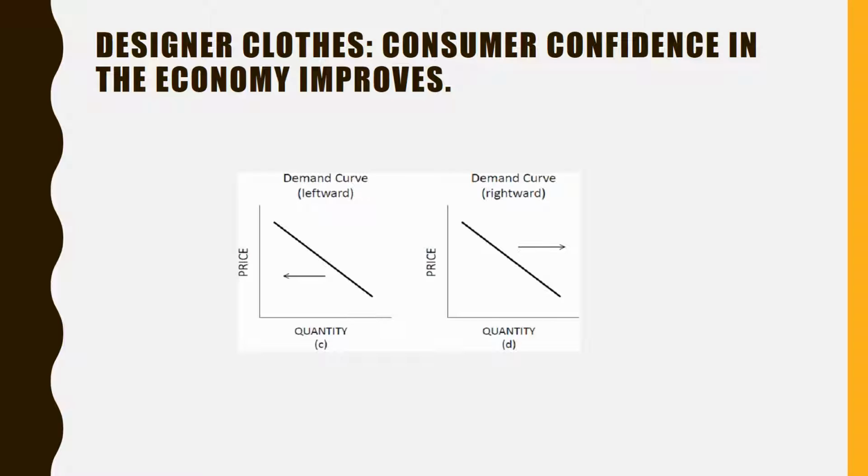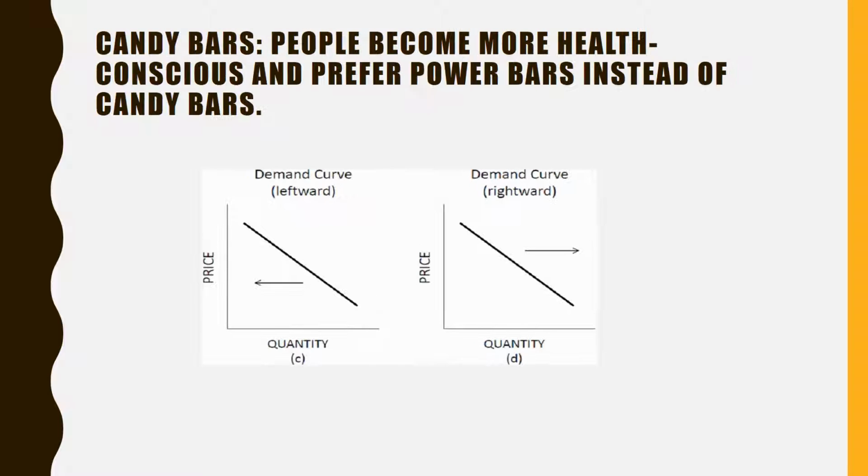Okay, now we're going to look at designer clothing. Consumer confidence in the economy improves. And now we notice we're looking at the demand curve and not the supply curve. So if the economy is improving, we have a job, we think we're going to continue to have that job, we'll go ahead and demand more of those items. So we'll see that demand curve shift rightward as we are confident that we still are going to have some money coming in.